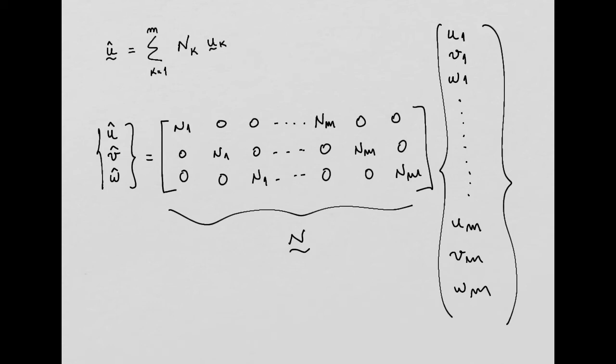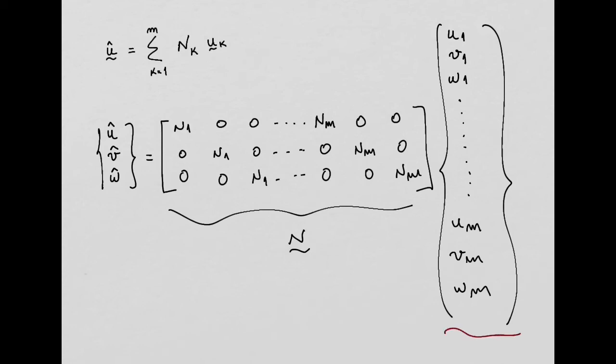If you are using it for shell analysis, you will have a different matrix of shape functions. If you are using a brick element with 8 nodes, or a hexahedral element with 8 nodes, you will have a different matrix of shape functions. So this matrix of shape functions depends a lot on the elements you are using.